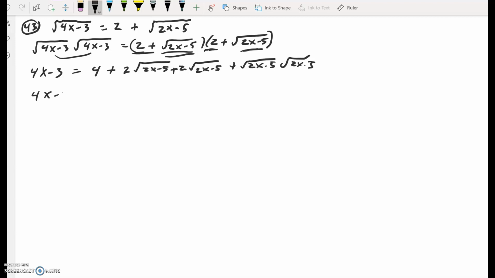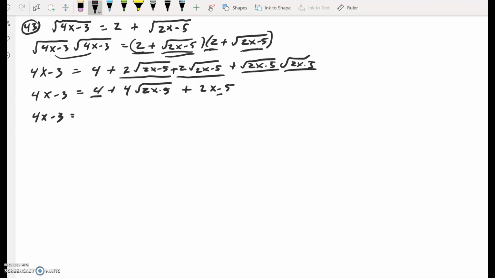So we have 4x minus 3 equals 4 plus 2 of these roots plus 2 more of those roots is 4 of those roots. Plus a root times itself is the thing inside. 4x minus 3 equals 4, take away a 5 is a minus 1, and then we have our plus 2x here, and then we got plus 4 times the square root of 2x minus 5.